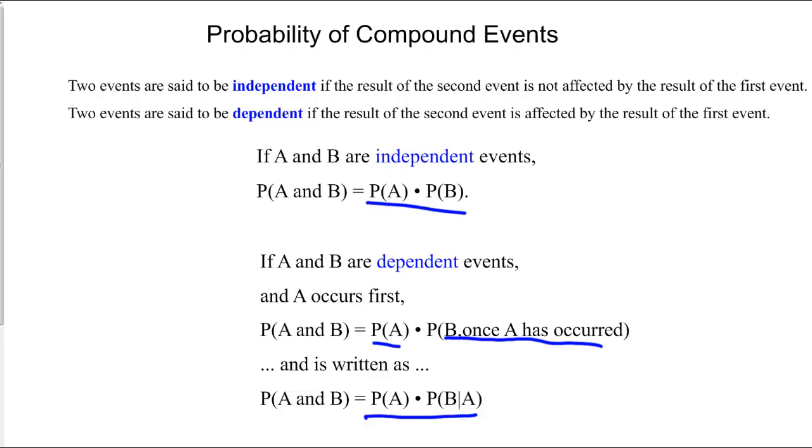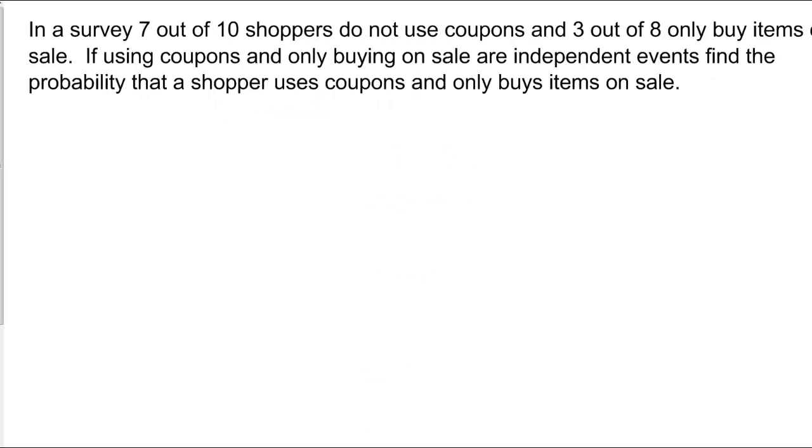So let's take a look at an example. We've got in a survey 7 out of 10 shoppers do not use coupons and 3 out of 8 only buy items on sale. We want to find if using coupons and only buying on sale are independent events, so one does not affect another.